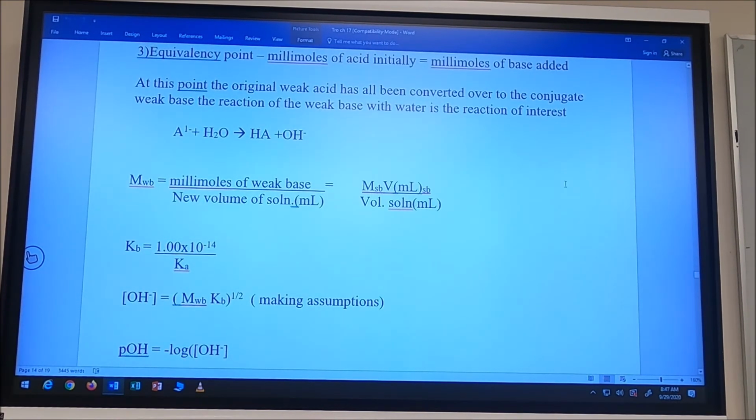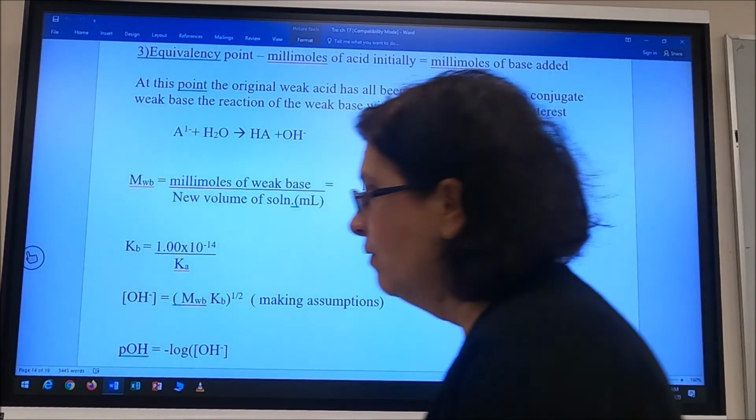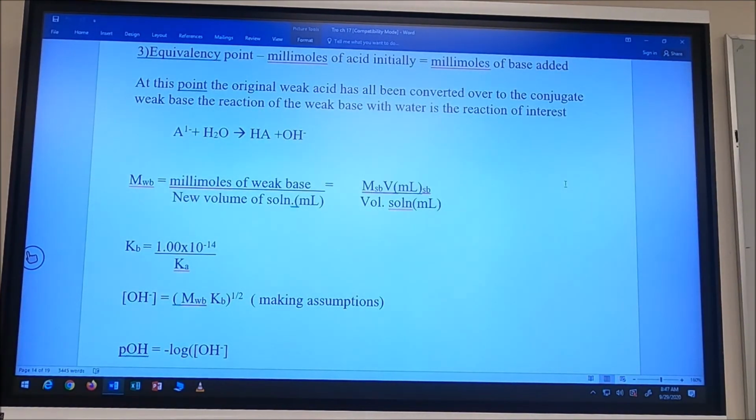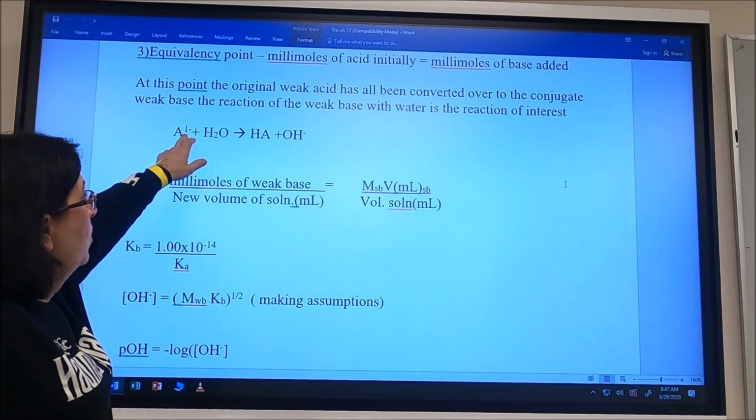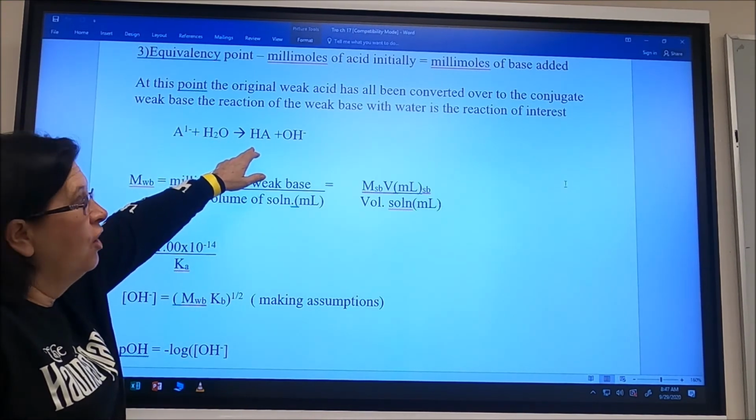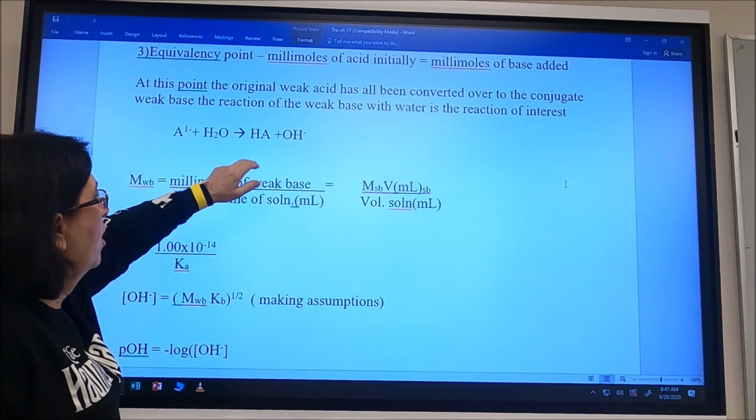Now, at the equivalency point, we cannot automatically say for a weak acid, strong base titration that the pH is 7. Because at this point, all of the weak acid has been converted to conjugate weak base, and what we now have is a weak base solution. And we have the reaction, the anion weak base plus water going to conjugate weak acid and the hydroxide ion.